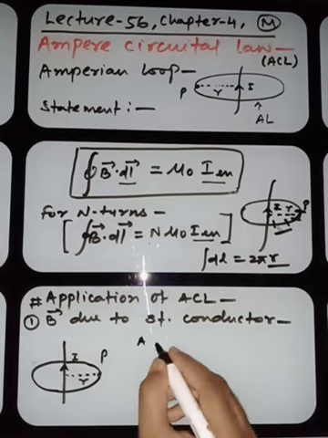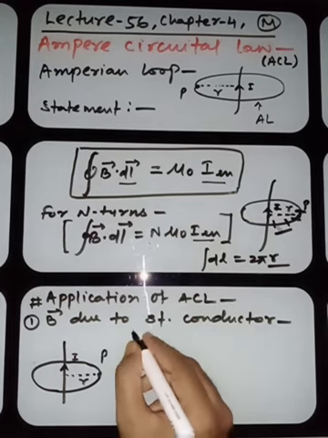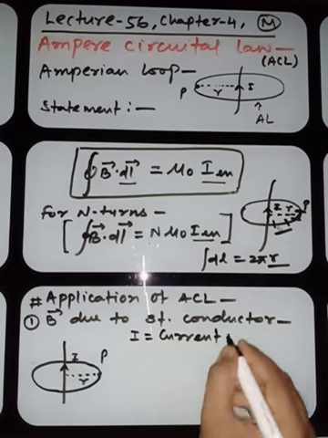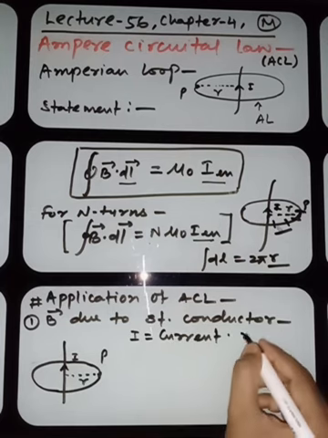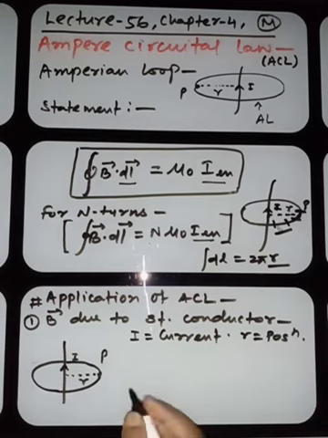Now remember what values we have been given. Here I is the current, and r is the position of observation length.